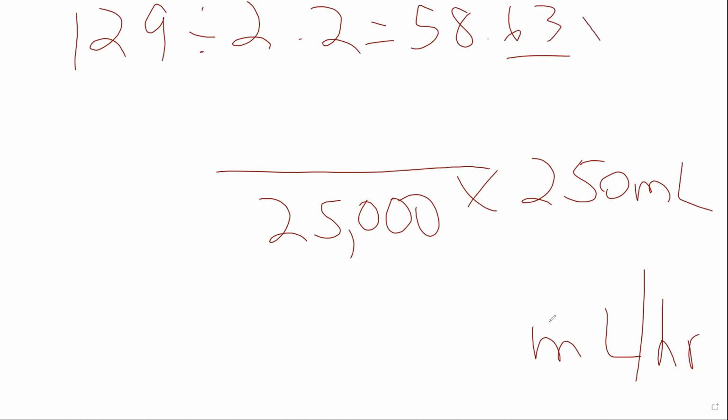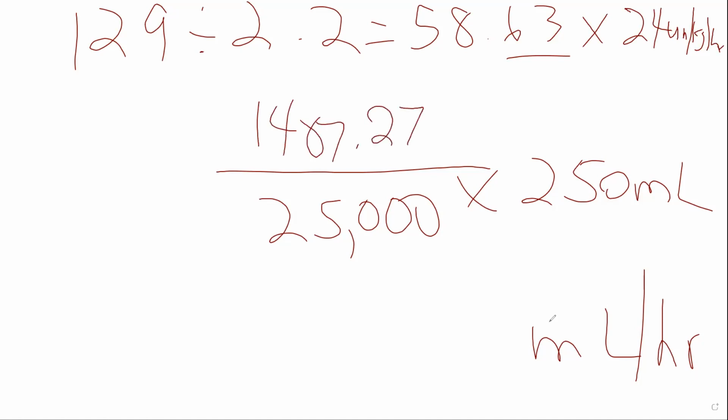We're going to multiply that times our 24 units per kilogram per hour. That should have gave you 1407.27 infinity units per hour.